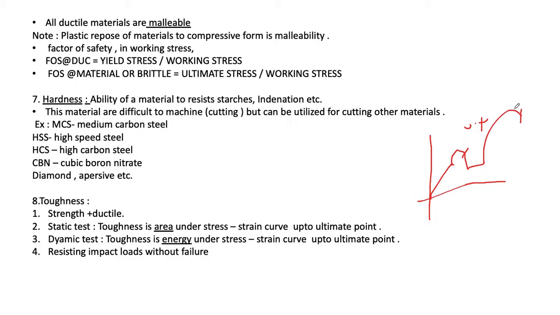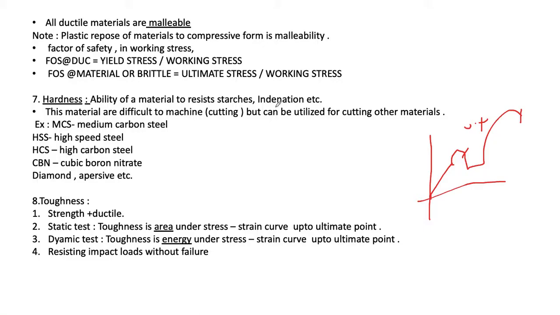Hardness is nothing but the ability of a material to resist scratches and indentation, which is nothing but if the material is taken and you scratch it, that is a measure of hardness. Hard materials are difficult to machine, which is nothing but difficult to cut in a machine, but can be utilized for cutting other materials.